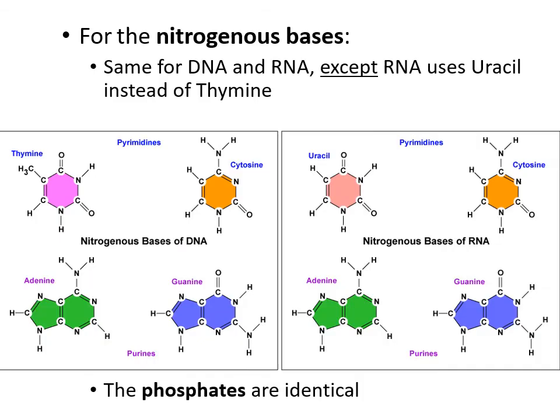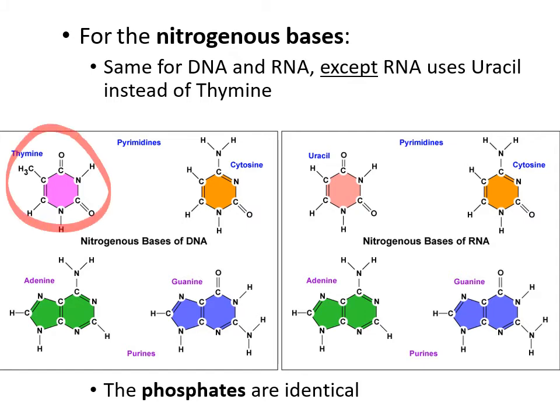The nitrogenous bases themselves come in 4 varieties. There are some odd ones, but we're focusing on these 4 main ones that make up the bulk of DNA and RNA. And so the nitrogenous base is the part that changes.